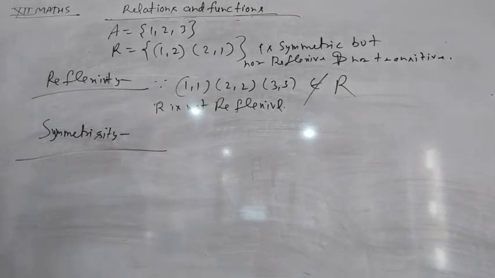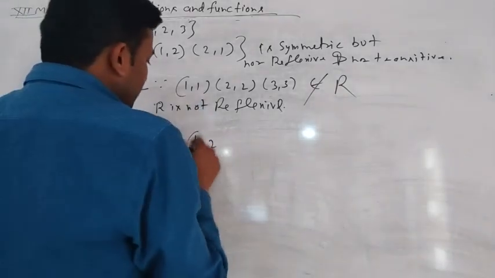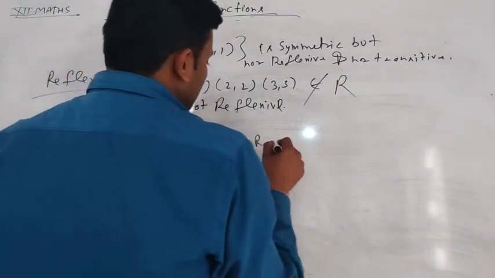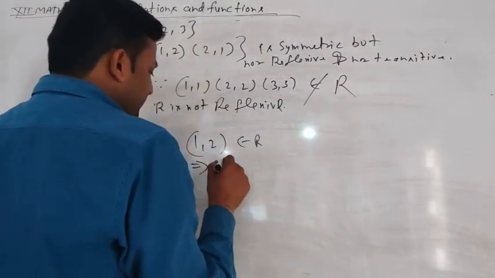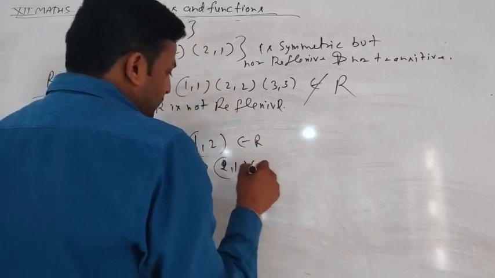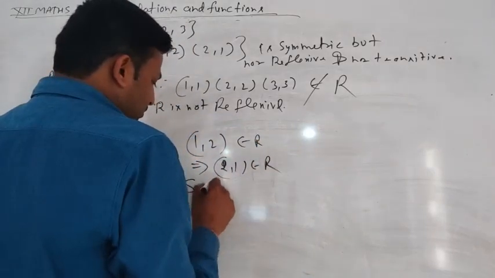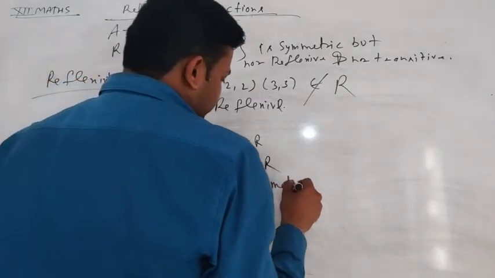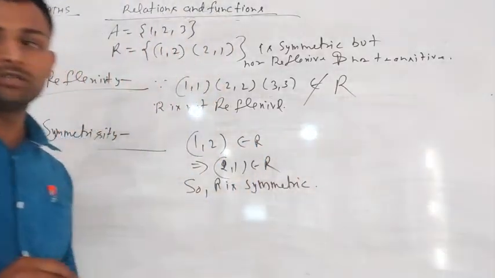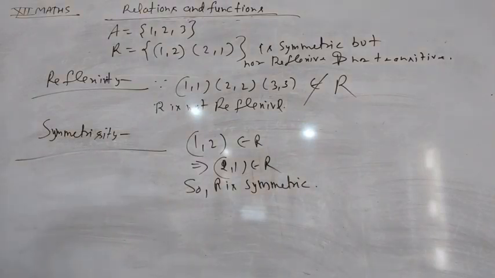Now for symmetricity. Okay students, we are saying that (1, 2) belongs to R implies (2, 1) belongs to R, so our R is symmetric. Okay students, because (1, 2) belongs to R and (2, 1) belongs to R, so it is symmetric.